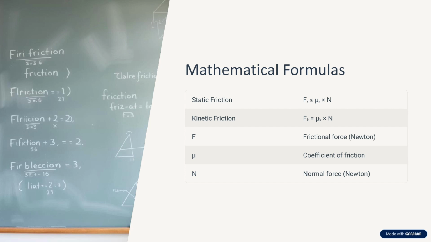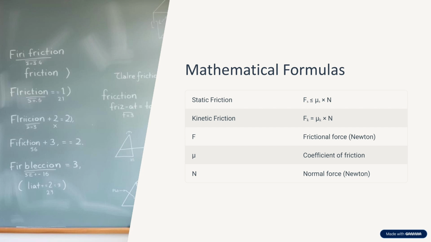So let's move to the next point, mathematical formulas. As you can see here, we have formulas for static friction and kinetic friction, where F is known as the frictional force, mu is the coefficient of friction, and N is the normal force.